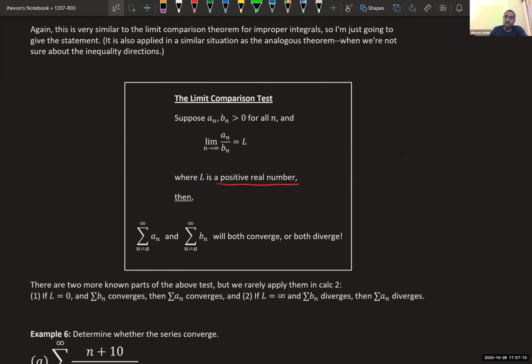They will behave together. That's when this limit here is proportional. There are actually a few more items to the limit comparison test, but this is the only one I expect you to know.